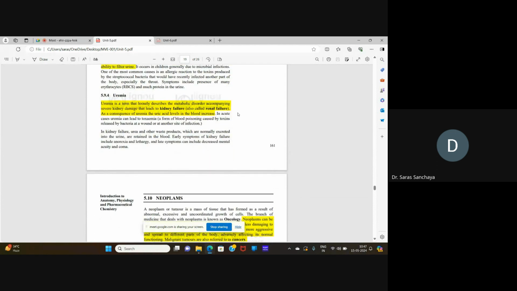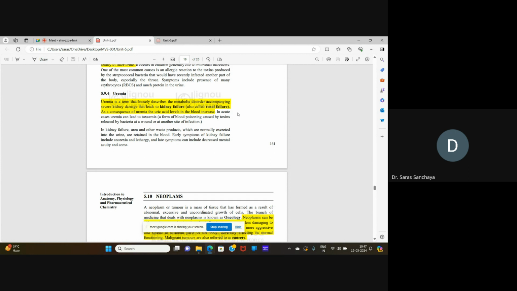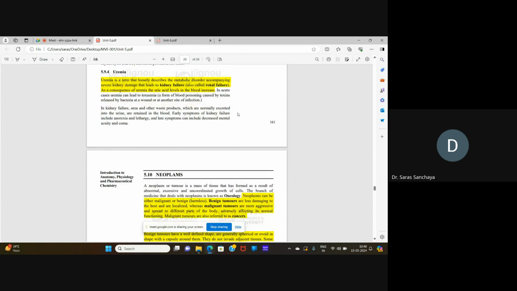Uremia is a term that loosely describes the metabolic disorder accompanying severe kidney damage that leads to kidney failure, and as a consequence of uremia, the uric acid levels in the blood increase because they are not excreted via urine.